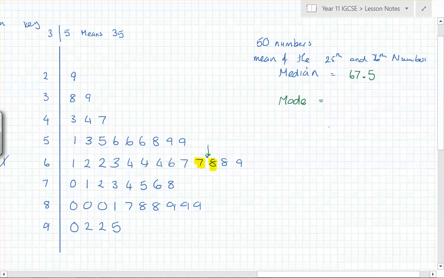So we'll write that. So modal class, if we had it in a different form, would be 60 to 69. I'm going to put an interval notation. I can put equal on because there is no above 69 in this case, so I can do equal. But that's not the mode.